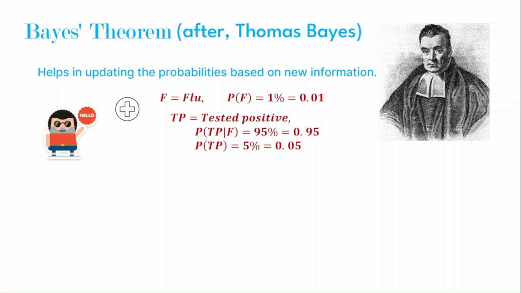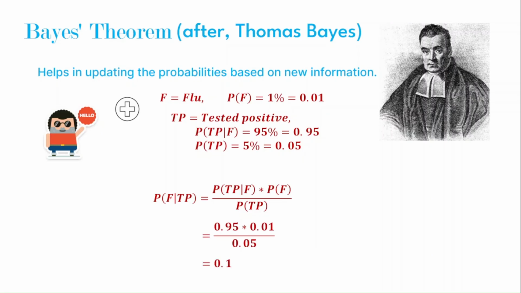As per the Bayes rule, we can estimate the probability of having the flu given tested positive as the probability of being tested positive given the flu multiplied by probability of flu upon probability of being tested positive. And on substituting the values, we will have 0.95 into 0.01 upon 0.05, which on solving will be equal to 0.19, or 19%. So the probability of actually having the flu if tested positive will become 19%.